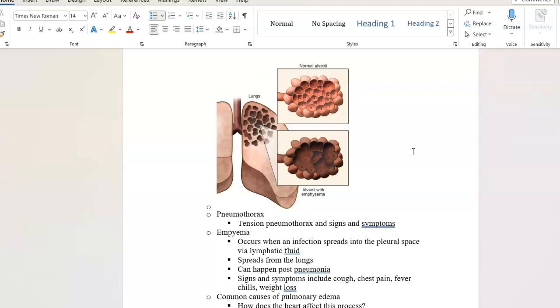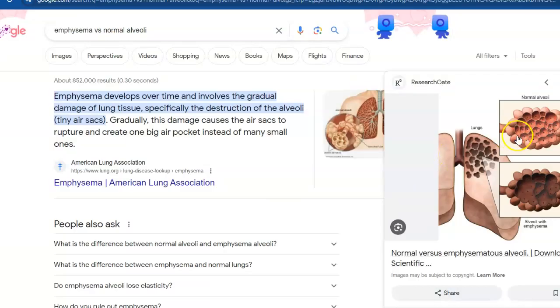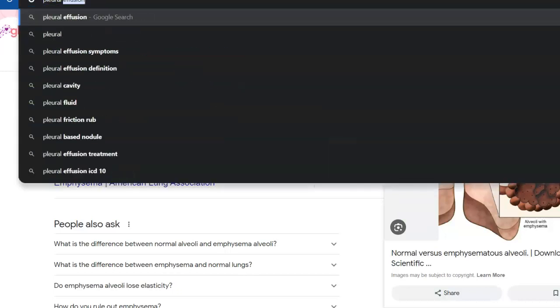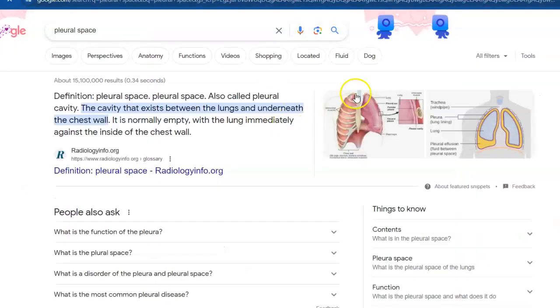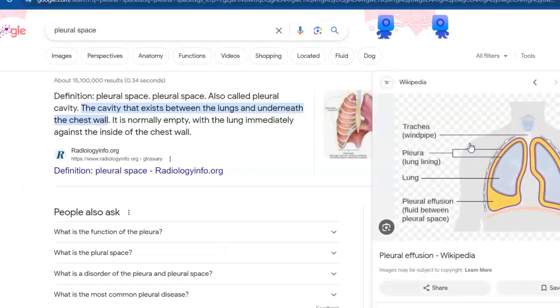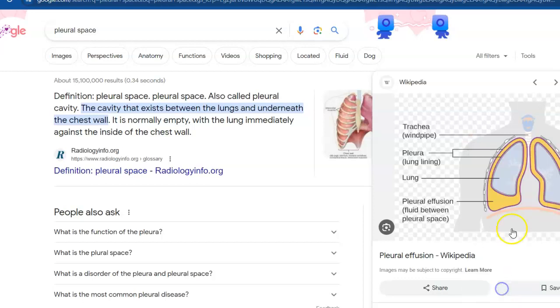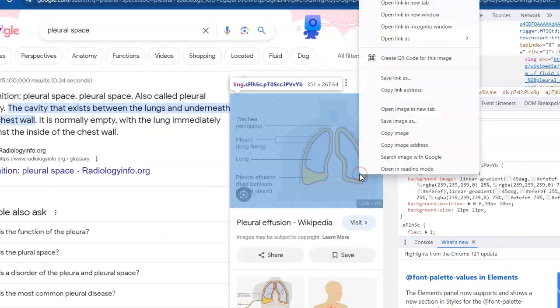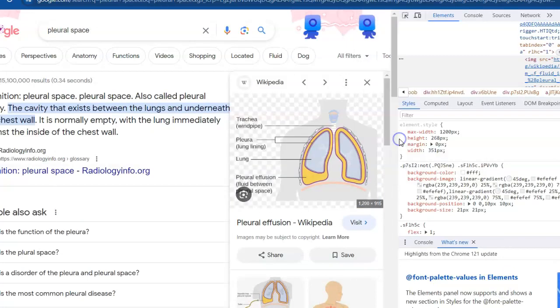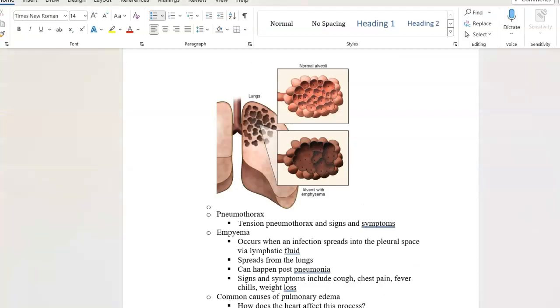So what that pleural space means is, remember I told you there were two membranes around the lungs. That is the pleural space. So here is, I'm getting this from Wikipedia, so should you want to, I want you to have a visual of the pleural space.